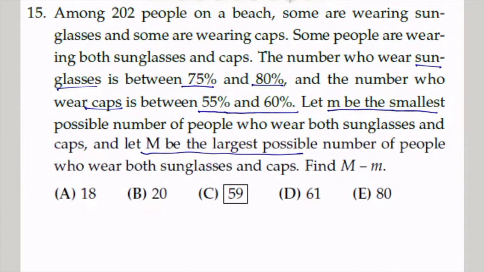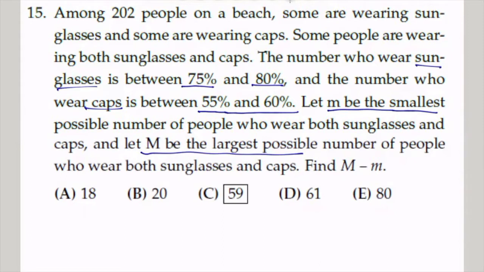Okay, so the first trap is that if you first work on percentages, and then in the last step you multiply the result by 202, the answer will be wrong. This is because we are dealing with a human subject case. The number of subjects of this or that should be an integer.